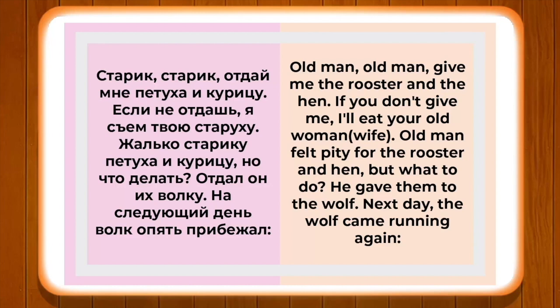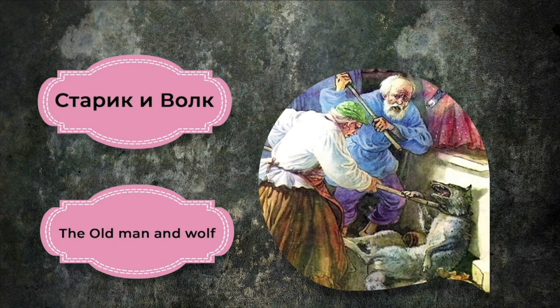Прибежал, as you know, is from the verb бежать, and при means movement towards. So прибежал means he came running. So the meaning of this sentence is: next day the wolf came running again. Dear friends, here ends part 1 of The Old Man and Wolf.